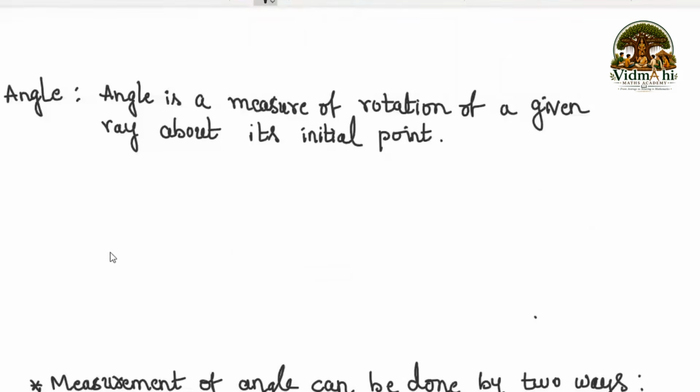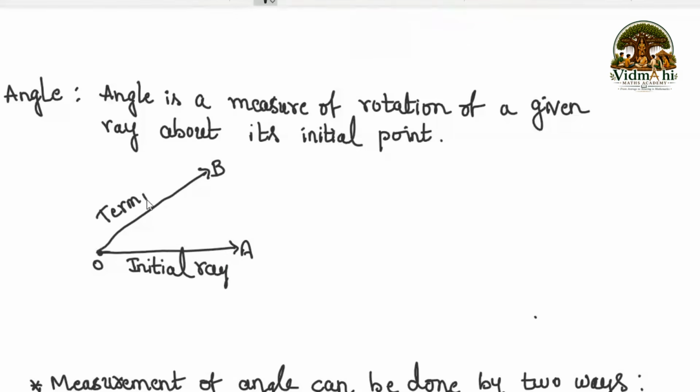Suppose you consider a ray, this is the OA ray. O is the initial point, OA is the initial ray, and OB is the terminal ray. So angle means the measure of a rotation of a given ray.